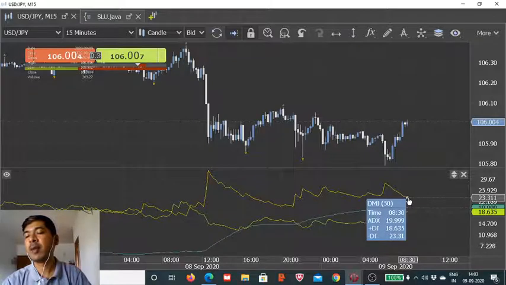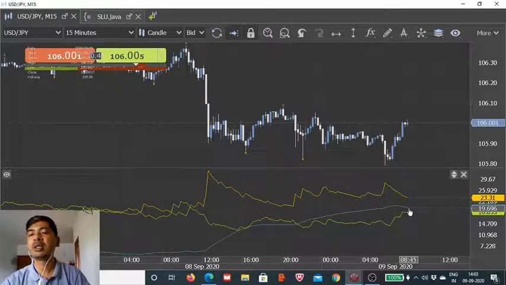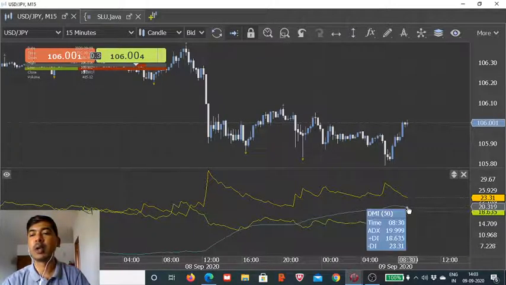If the DI minus is above 25, that means the bearish trajectory is strong and the bears are in control, and it's better to get involved for the short sale trades. So depending on how the DI values are developing, we have to take the trade.